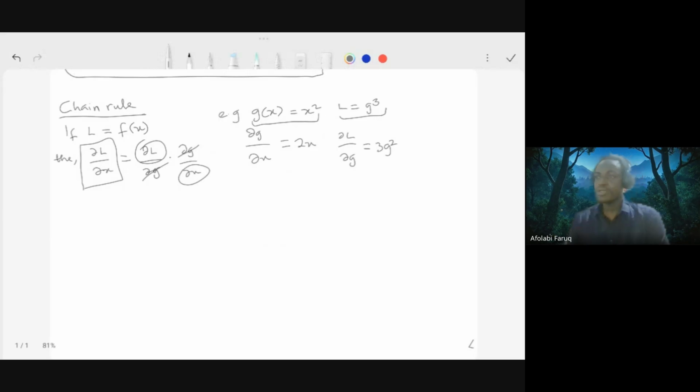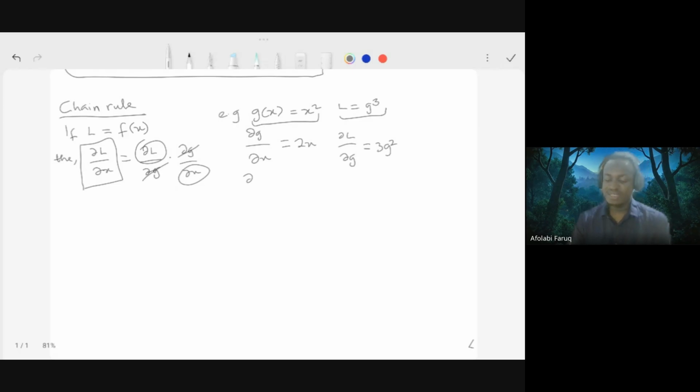Okay. So now we have this and we have this. So for us to be able to calculate dL/dX, like I said, we have dL/dG times dG/dX.